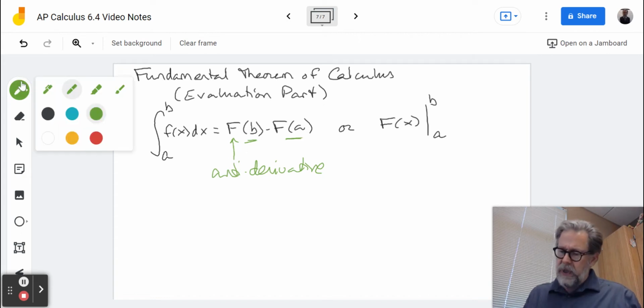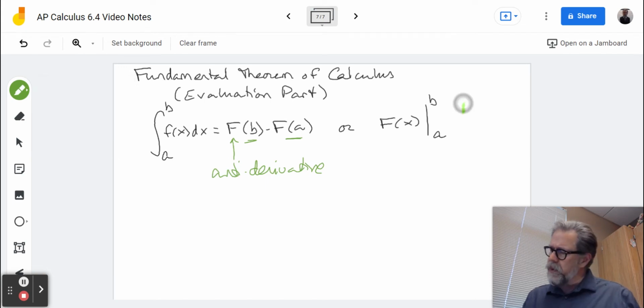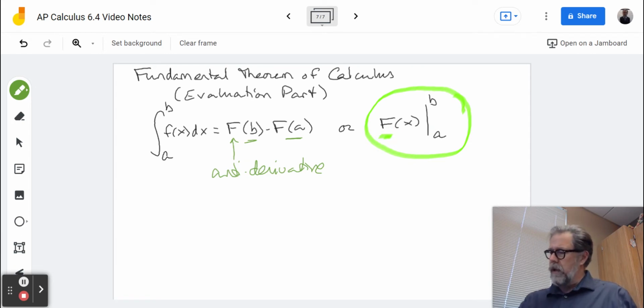Another way that you will see this written is F of x, the antiderivative, evaluated from a to b, which means the same thing. You figure out the upper limit, you figure out the lower limit, and you take the difference between the two, and that gives you the integral.